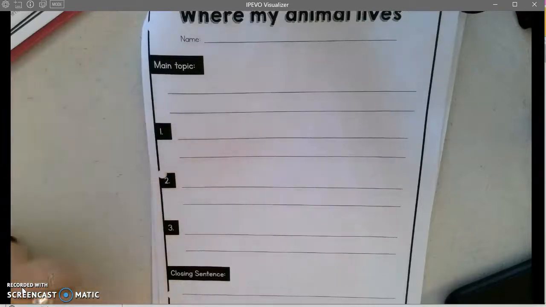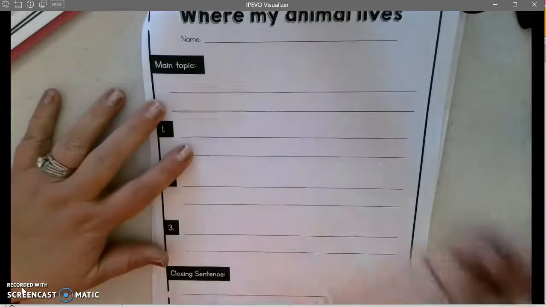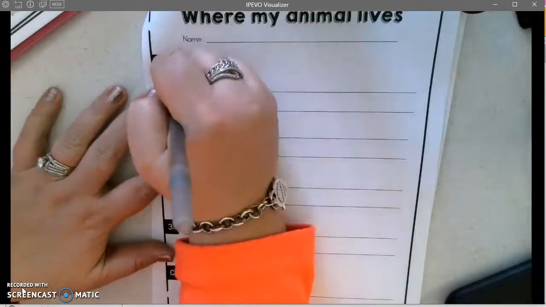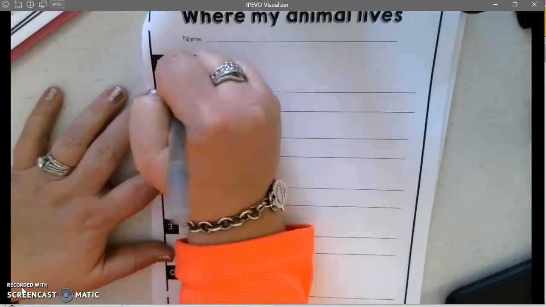So for my topic sentence, I've researched frogs, okay? So I could say, frogs, if my pen works.